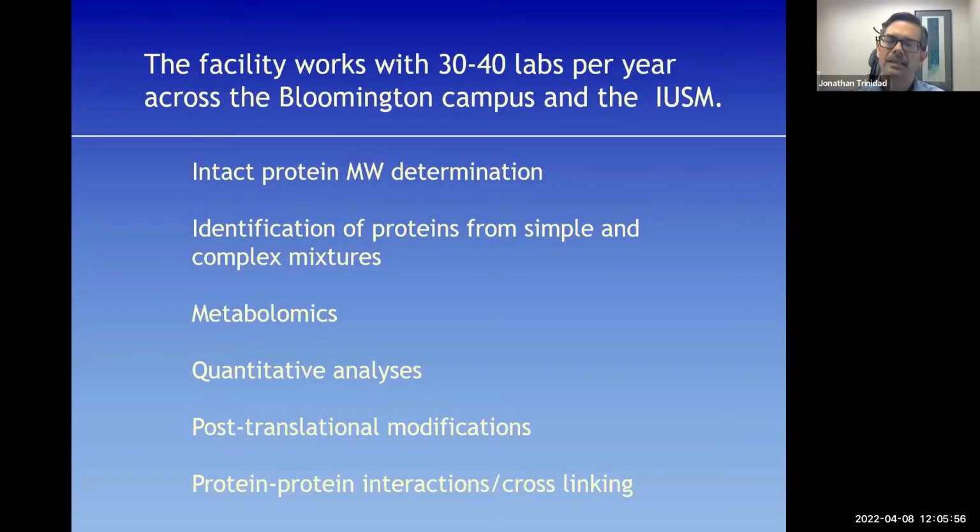That's mainly done, I'm not sure I like the term, but bottom up. In other words, we don't analyze the proteins themselves. We digest them with a variety of proteases and identify the smaller peptide mixtures. The lab's also equipped to do various metabolomics assays.